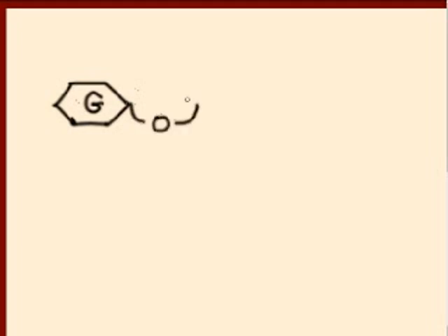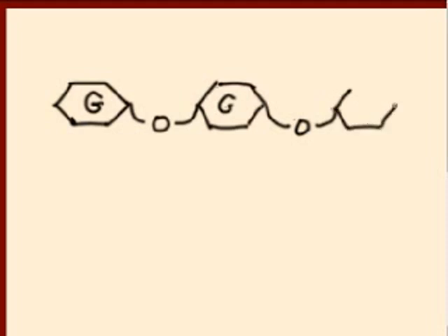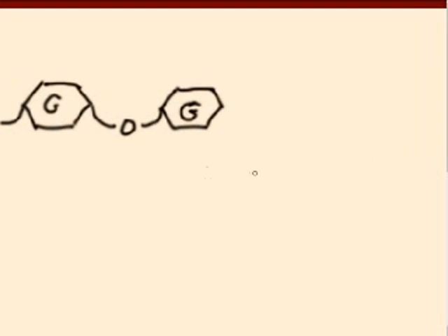The O is going to join with another glucose, and then it's going to go down and join with another glucose. Now if this continues on, and let's say here that we have quite a few of these N, so these are going to be polymers. We're going to have many of these.